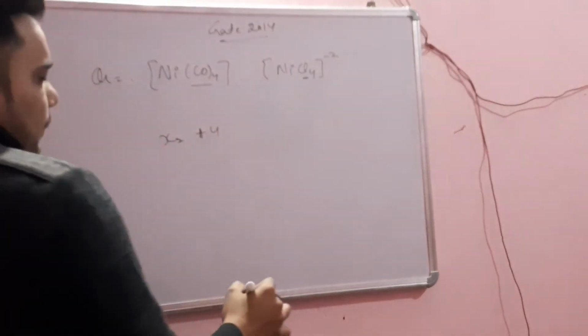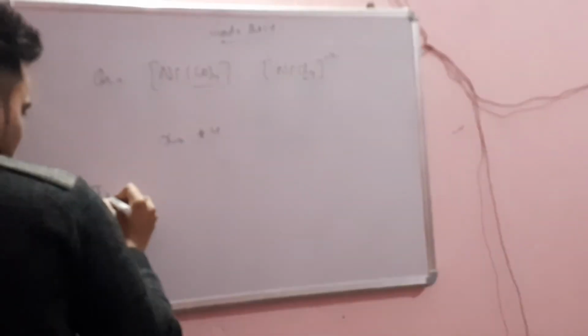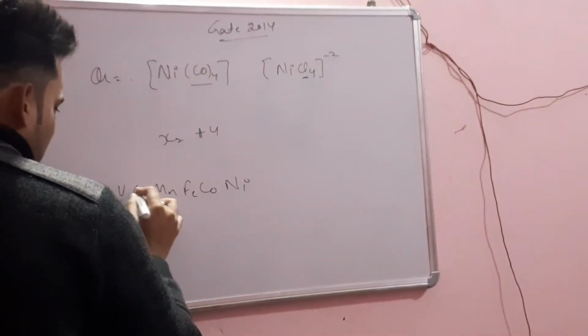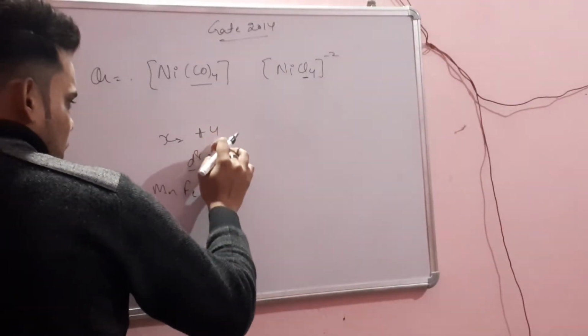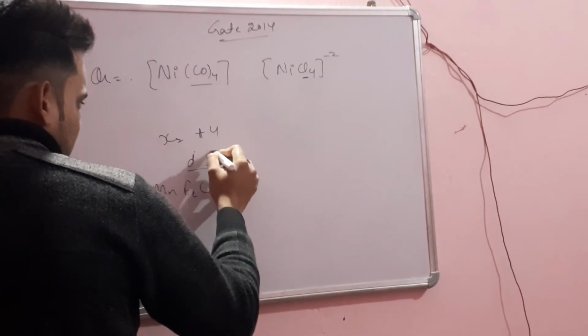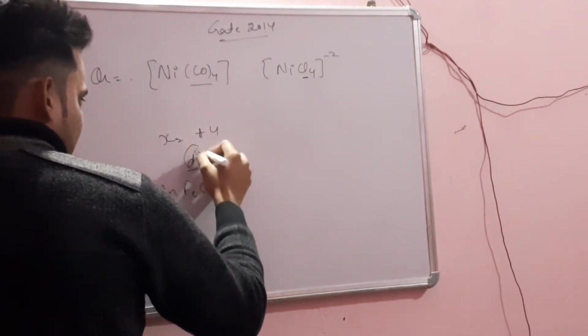When you arrange in the zero oxidation state for nickel, then you know that nickel has 1, 2, 3, 4, 5, 6, 7 and 8. It is a d8 s2 configuration for nickel.